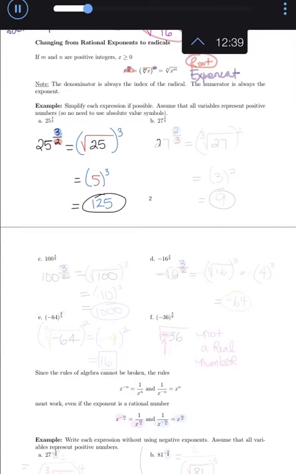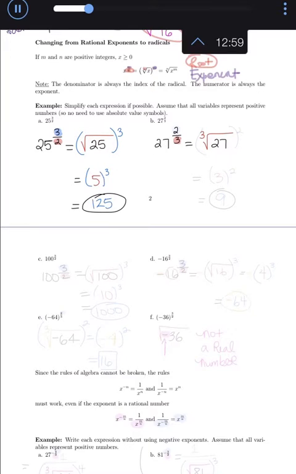For problem B, we're going to look at 27 to the 2/3. Again, we'll start with the denominator, which tells us what kind of root: a cube root of 27 first.